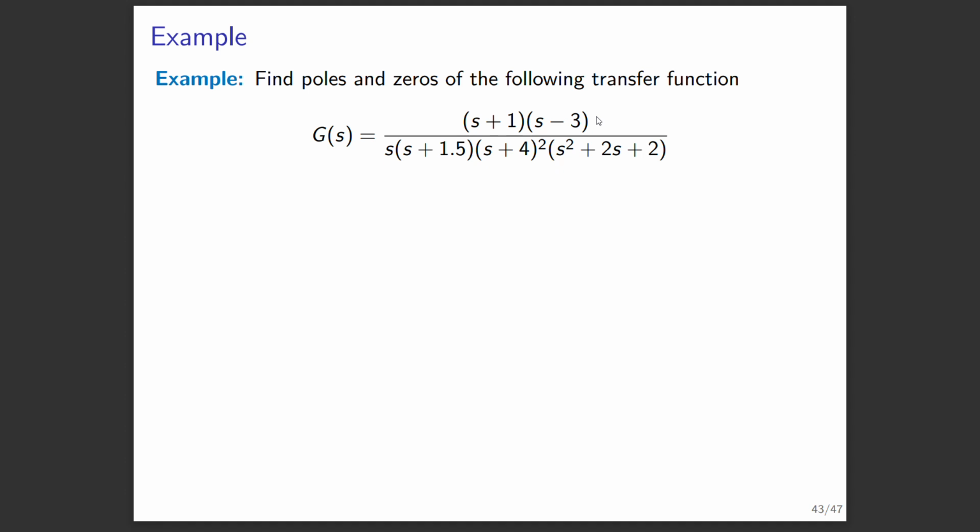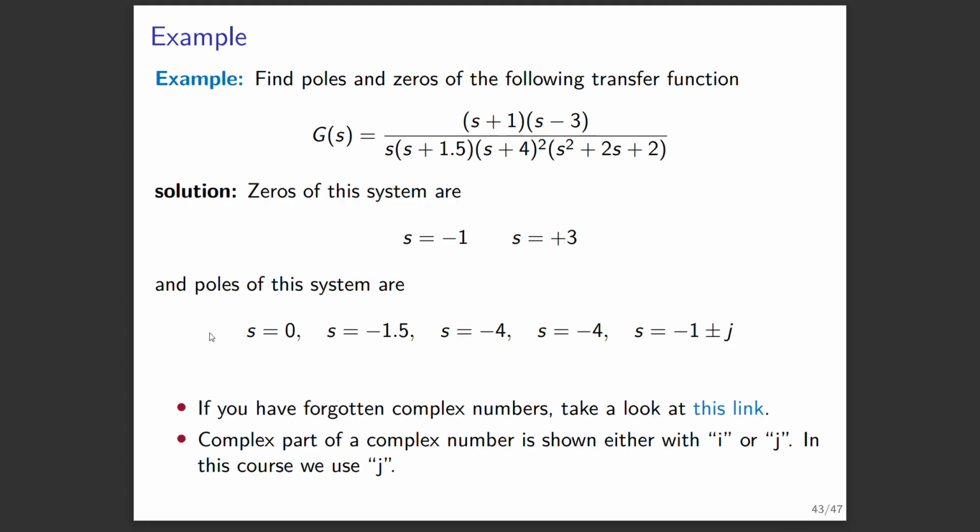Well, if I solve the equation in the numerator, if I say (s + 1)(s - 3) = 0, and then find what values of s make that polynomial equal to 0, then I have the zeros of the system, which obviously are negative 1 and plus 3.